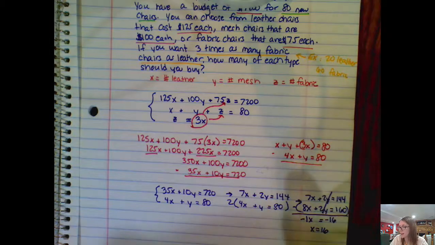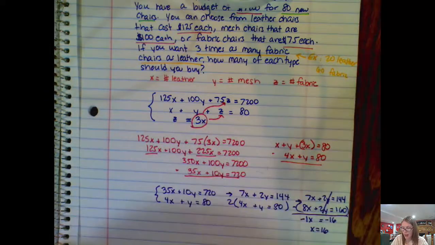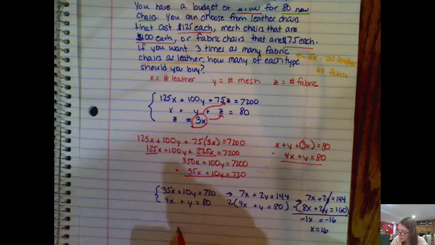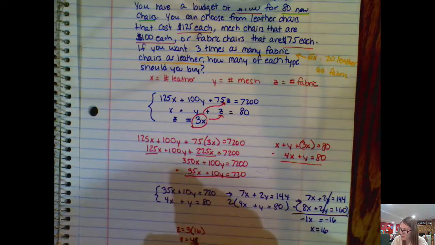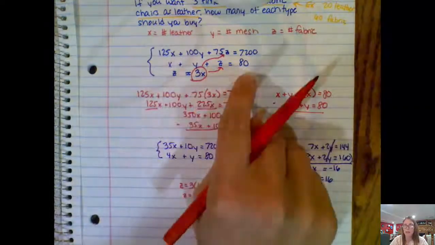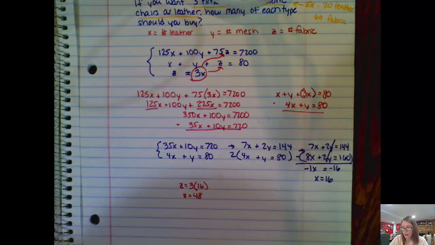So if x is positive 16, and I know z equals 3x, z equals 3 times 16, which is 48. And then last, x plus y plus z all together has to equal 80.